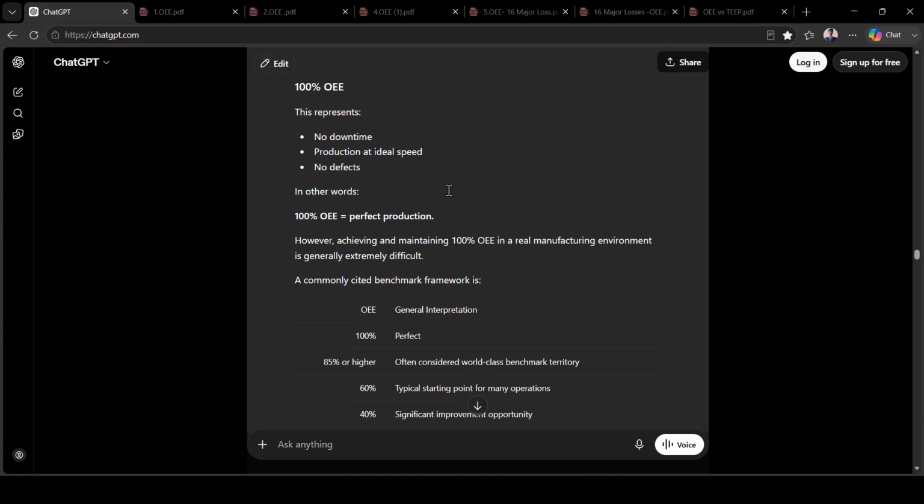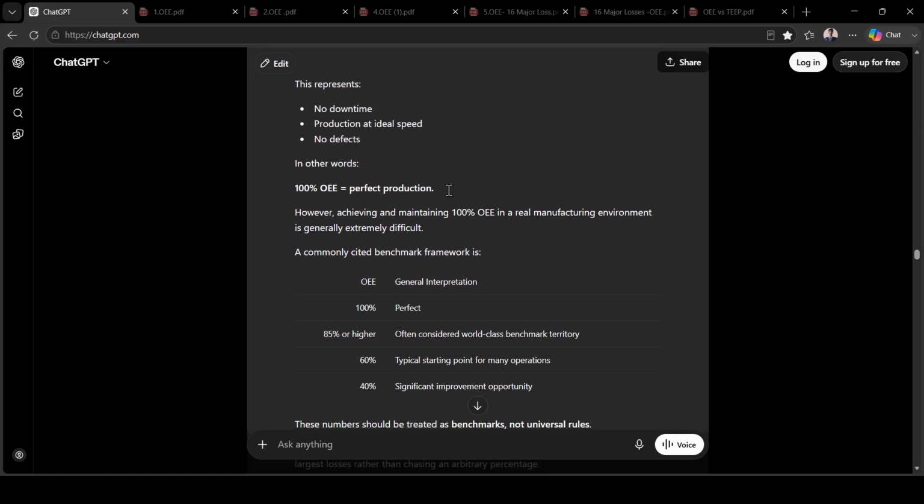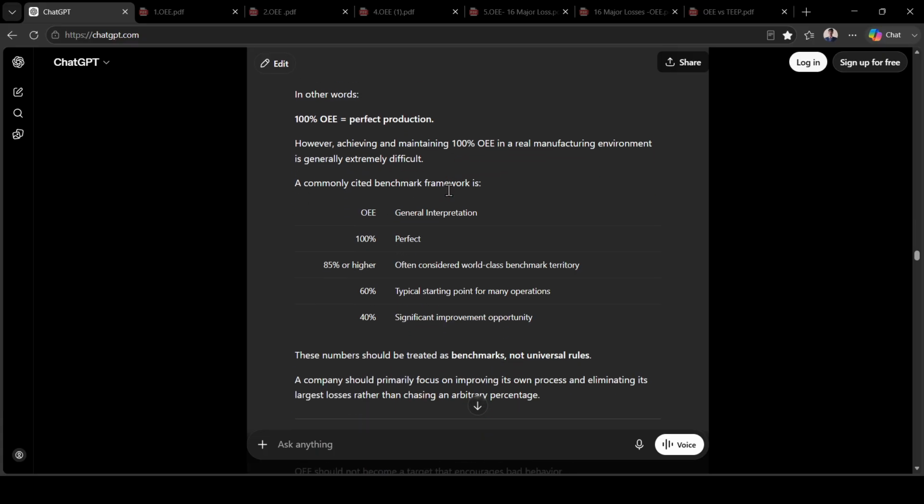A commonly cited benchmark framework for OEE interpretation: 100% is perfect, world class. 85% or higher is often considered world-class benchmark territory. 60% is a typical starting point for many plants. 40% is a significant improvement opportunity.